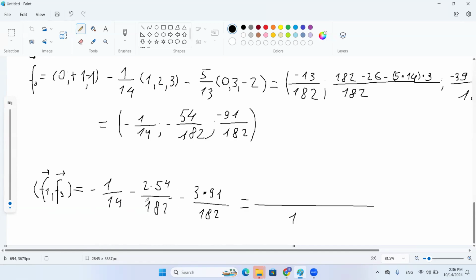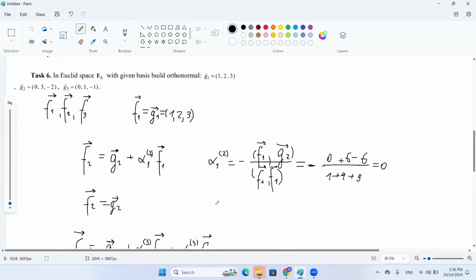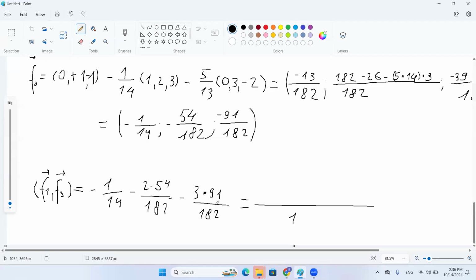Yeah, we can shorten it, but we also have this fraction, so it has no sense for now. And it seems that we have a mistake, as I already see. So this is negative, negative, negative. So something is not correct.